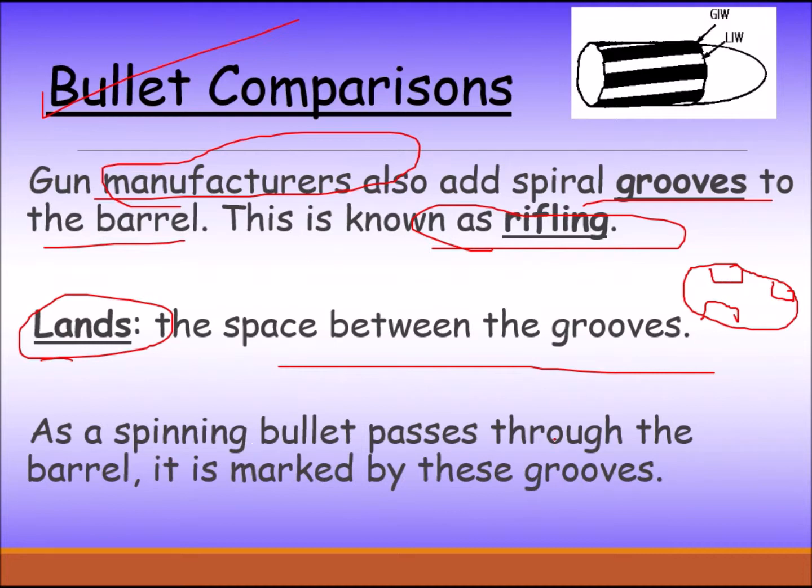As a spinning bullet passes through the barrel, it is marked by these grooves. When one bullet passes through the barrel, these grooves and lands are going to leave some specific markings on the surface of the bullet. So we can compare these markings with the suspect bullet.